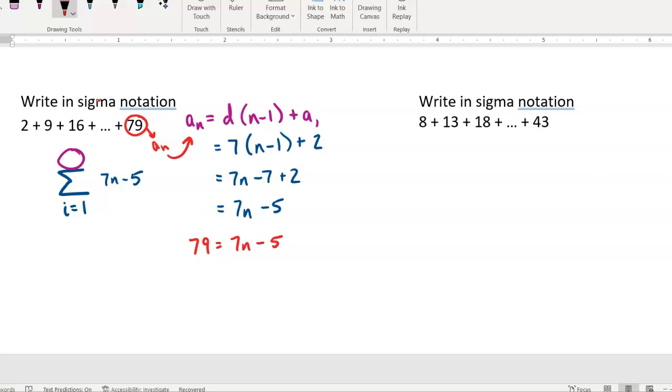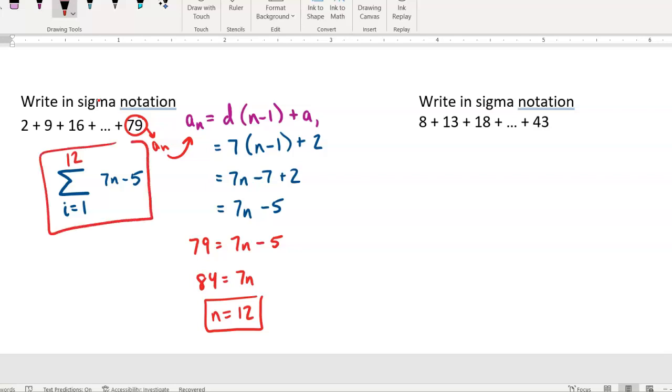And now if I solve this, I would add 5 to both sides and get 84 equals 7n. And now I would just divide both sides by 7, and I get that n equals 12. And you could do that on your calculator if you didn't know that. And that's how we get how many terms there would be in the series, which would be the top part of sigma notation. That's your answer.